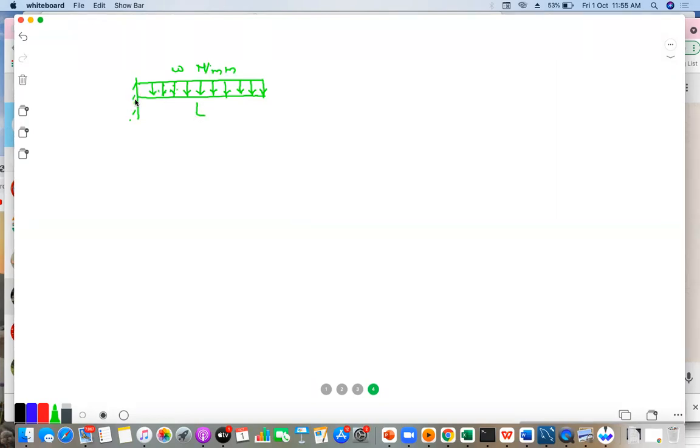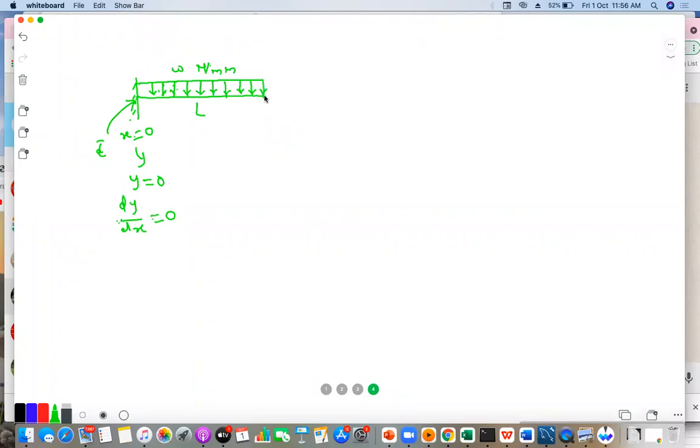Now, I know that it is fixed at the same end, right? At x equal to 0, it is fixed. So, I can say that y, or the deflection in the y direction, will be 0 at the same end. Also, I know that because it is fixed at this end, the slope at this end will be 0, right? So these are called as boundary conditions.